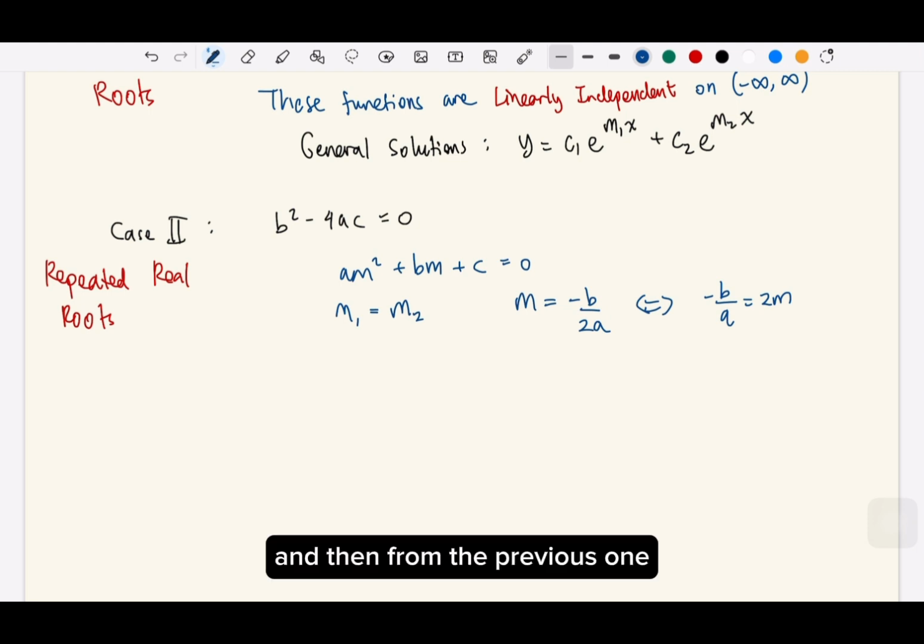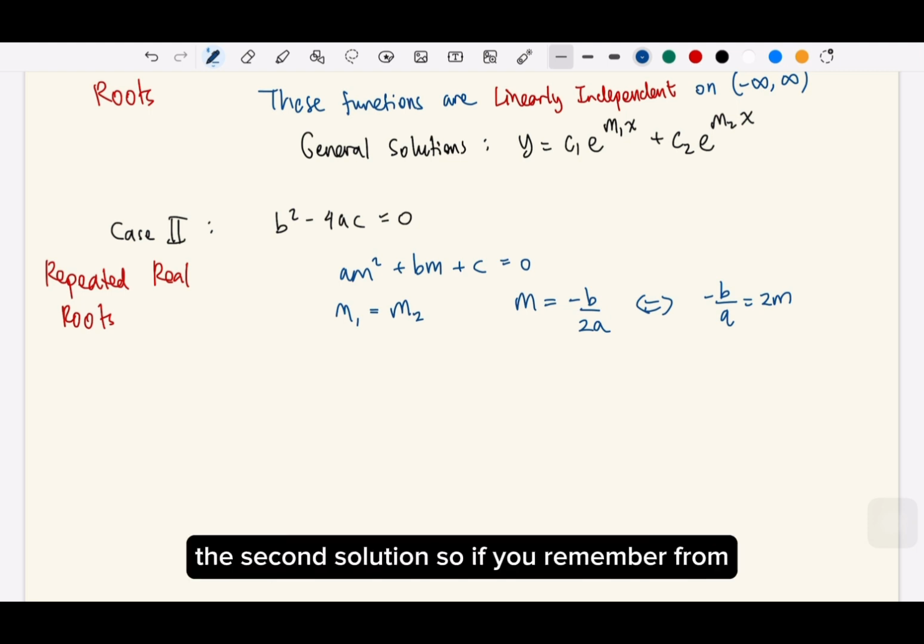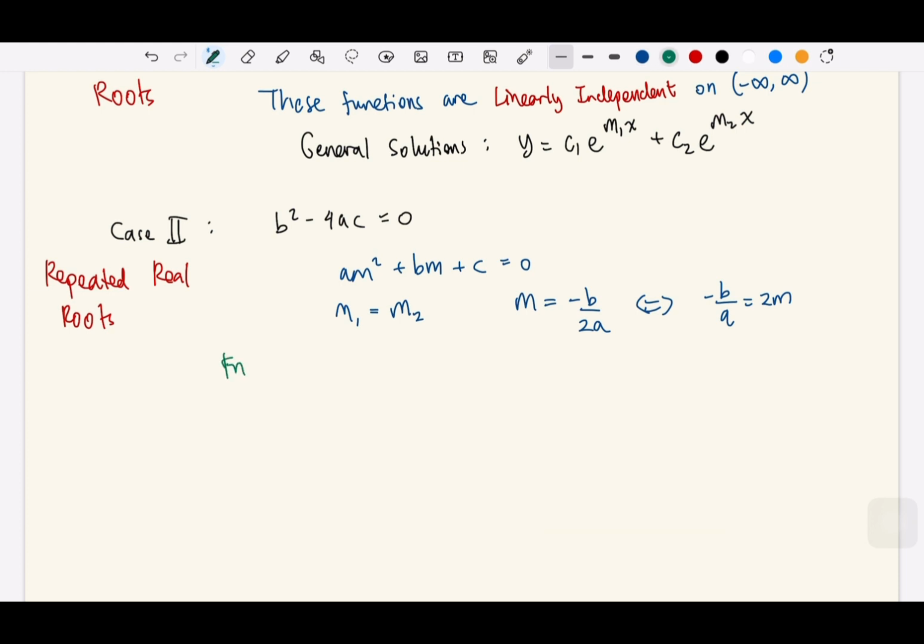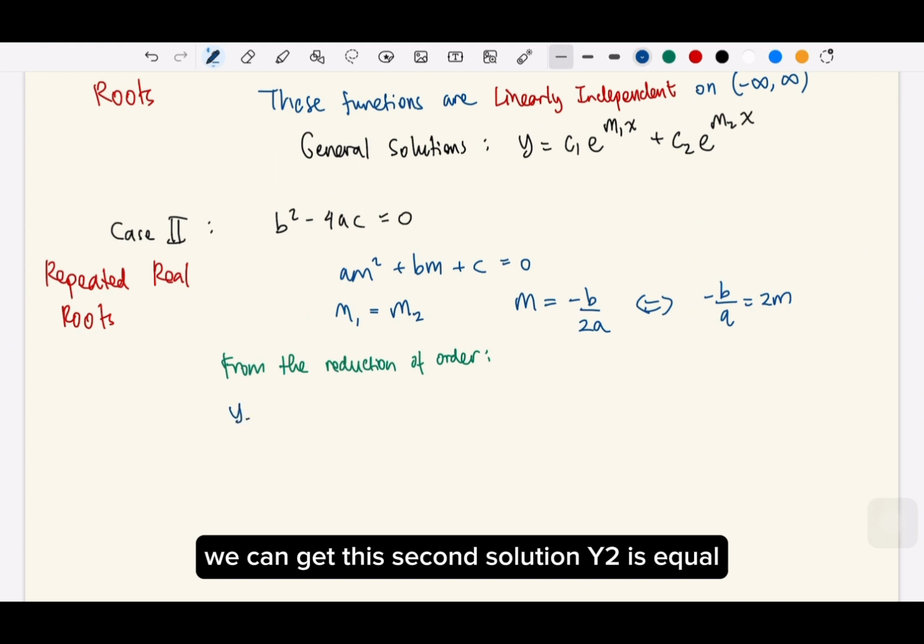From the previous method, if you remember from reduction of order, we can get the second solution y2.